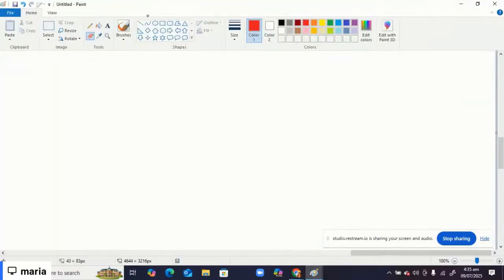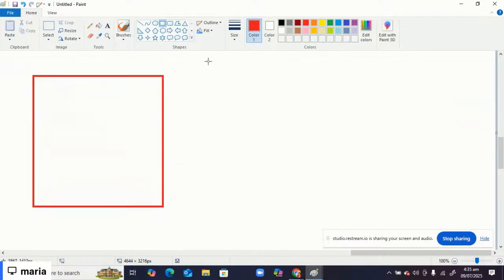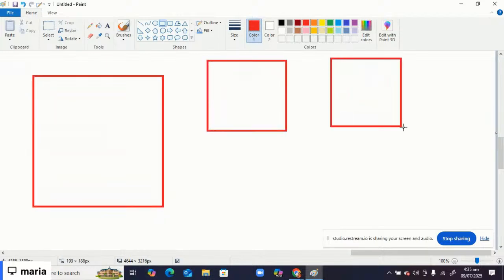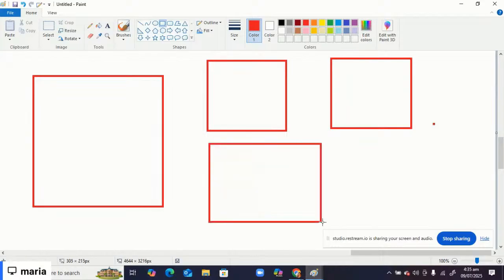Okay, let's suppose here I'm going to draw, then you guys tell me which one is the reflection and which one is the translation, basically. So let me draw it here.